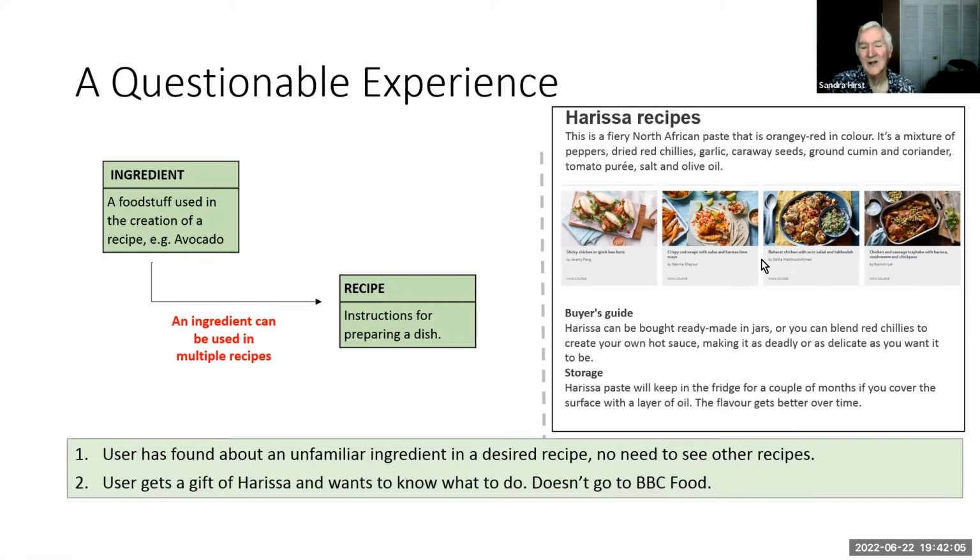Aha, Martin, you will say, I can find a usage scenario. Somebody gave me a gift of harissa when they came back from vacation in Morocco, and they want to know what to do with it. So if I get a bottle of harissa from a friend in Morocco, the first thing I'm going to do is not go to BBC Food Ingredients.